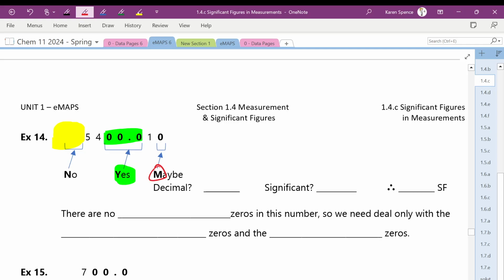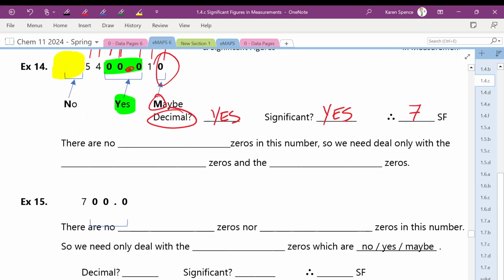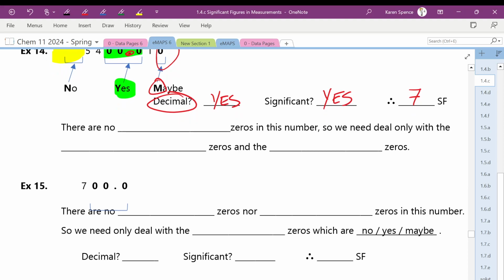And so we say, is there a decimal? Yes. Therefore, is this zero significant? Yes. So how many sig figs in this number? 1, 2, whoops, I should have started over here. 1, 2, 3, 4, 5, 6, 7. We're going to ignore that little sentence part because we have like 3 minutes left.